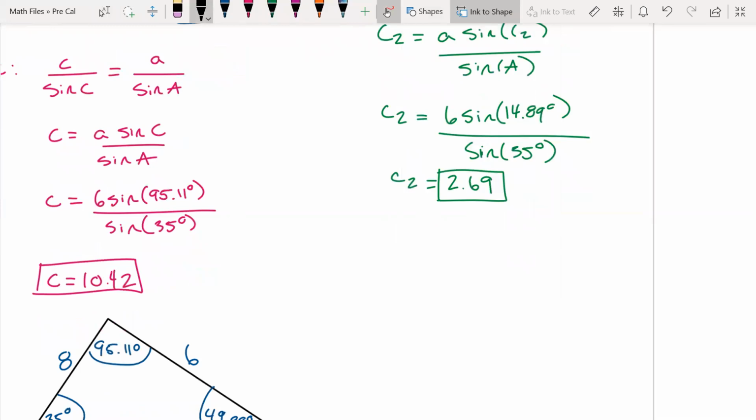So let me see. That one looked like that. Good enough. And this was 35. This was still 6. This was 130.11.